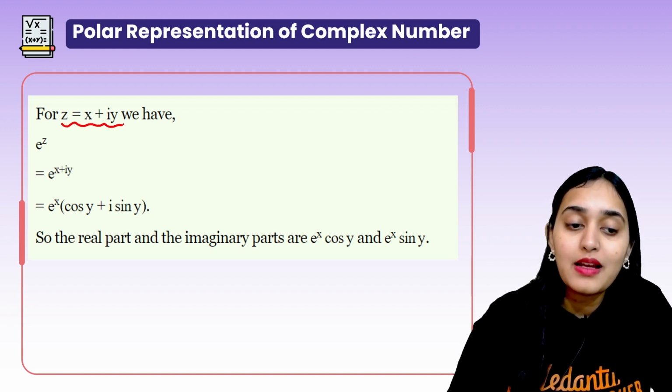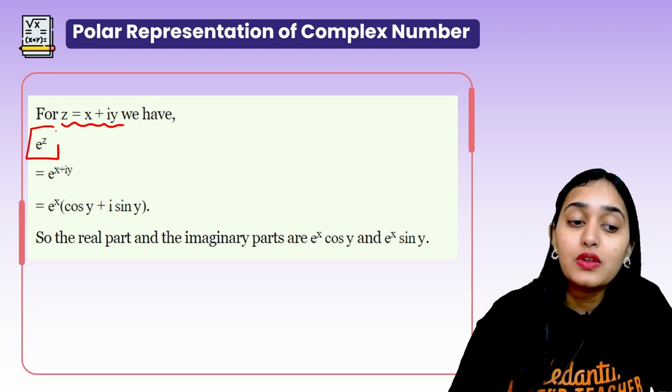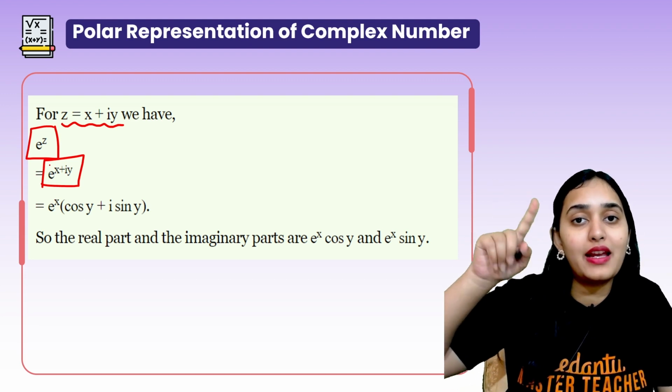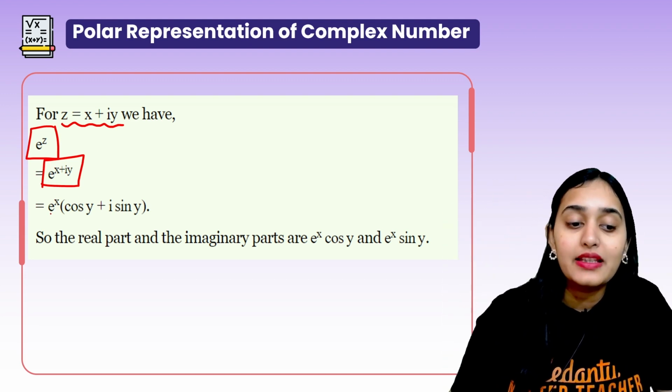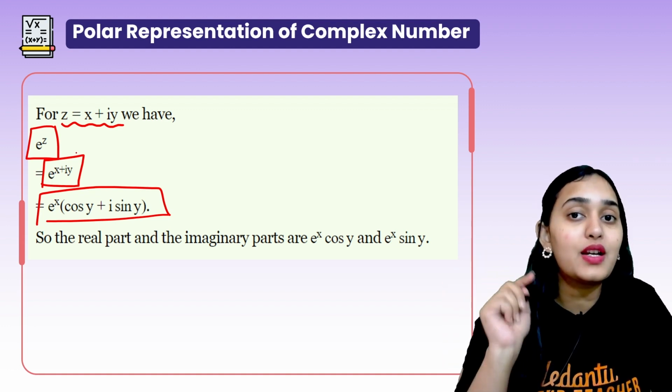Suppose you have a complex number z, x plus iy, and we have e to the power z, that is e to the power of a complex number, e to the power x plus iy. Then it is written like this. Please remember, it is used in many questions.